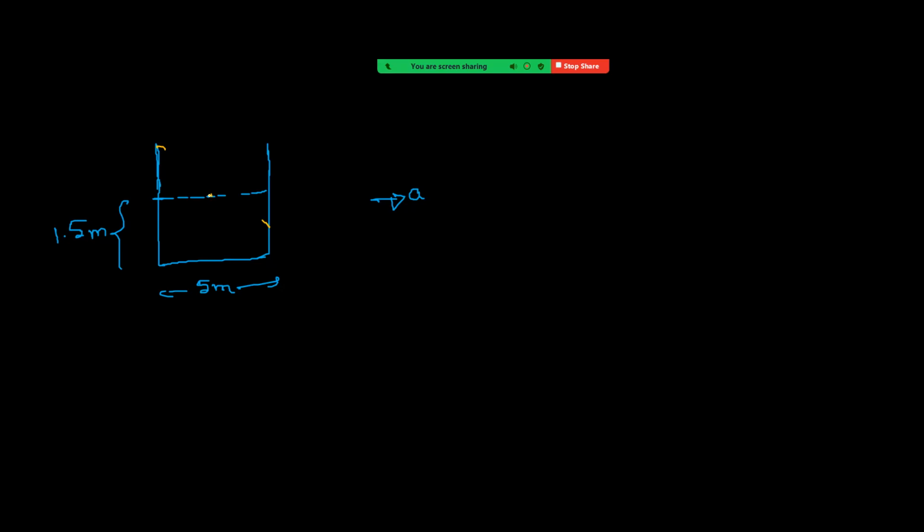So we should draw through the midpoint. So it can rise the remaining half meter. This is a half, this also a half. That is what we can say from the diagram, 0.5.